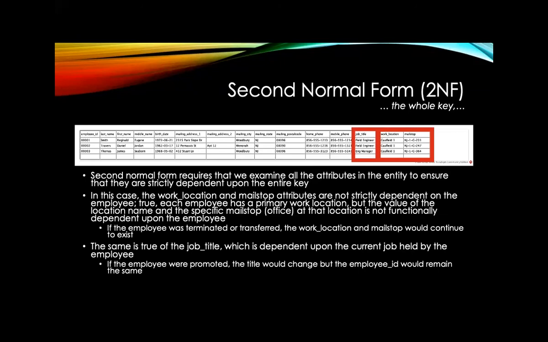But you're exactly right. If the employee was terminated or transferred, the work location and mail stop would continue to exist just as if Rob was never there. So after my kid fires me, somebody else moves into my office and they throw some type of party. Same's true of job title in that case. There are multiple people who have the job title field engineer in this case. So me quitting or me moving on to something else does not cause the job title field engineer to go away.